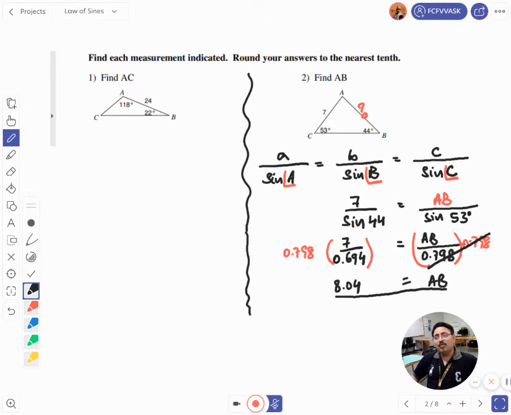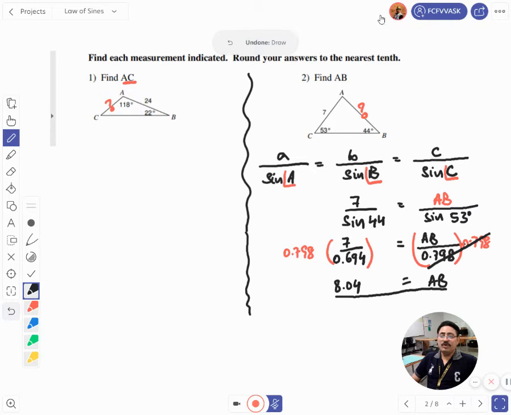Now I'll explain why I skipped question 1. You are asked to find AC. So what is the length of this one? I see that the angle is there and the opposite side is to be computed. Next, angle A is given but the opposite side is missing.